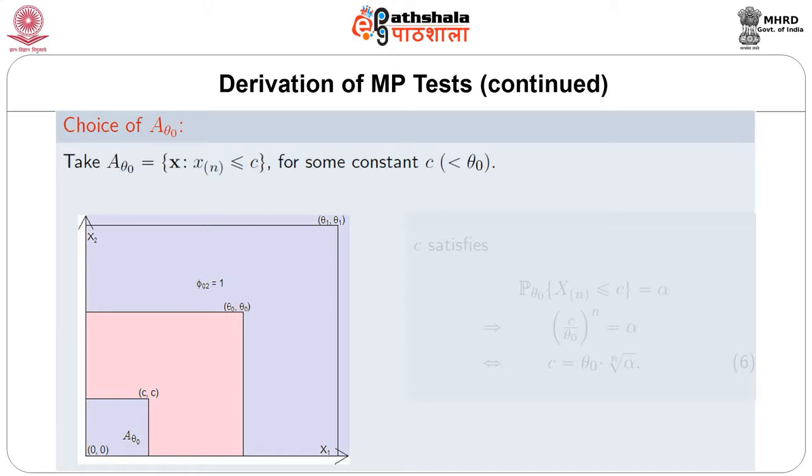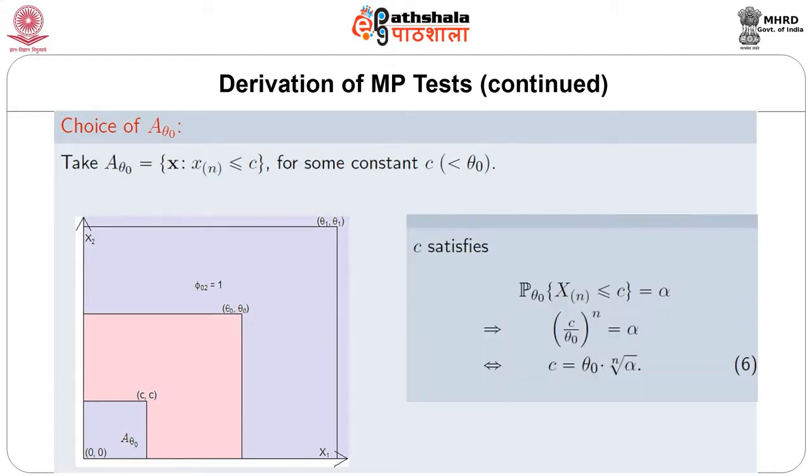One choice is like this: x order n is less than or equal to some constant c, where c is less than theta naught. Now, how can we select c? Choose c such that the size of the test is alpha.